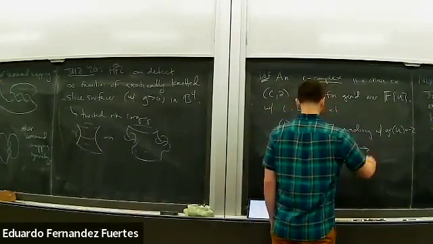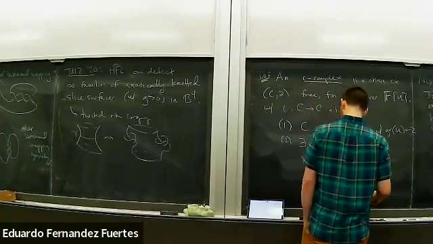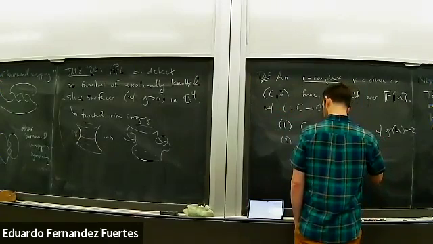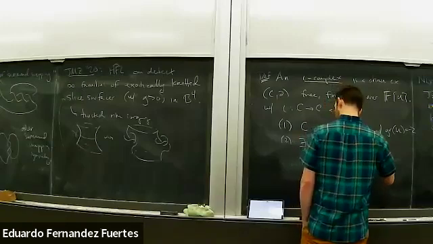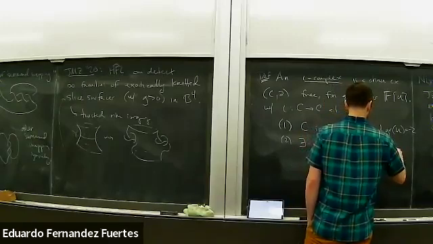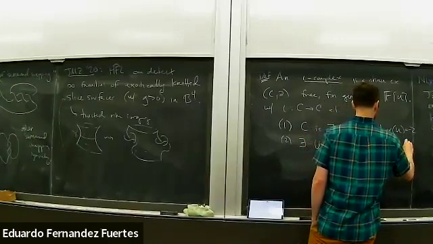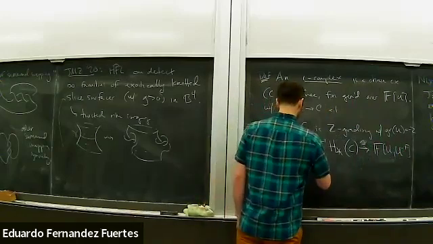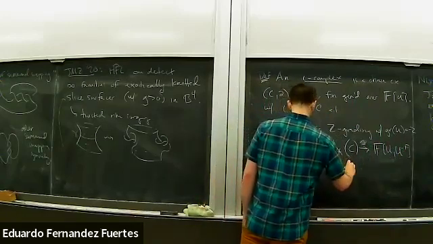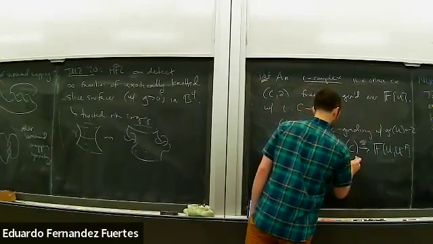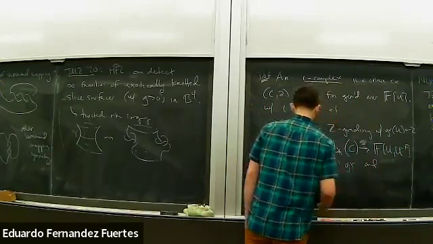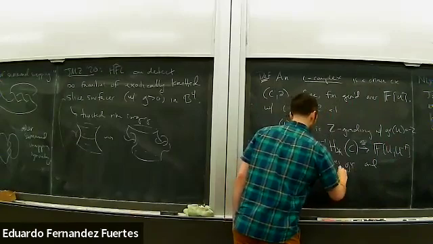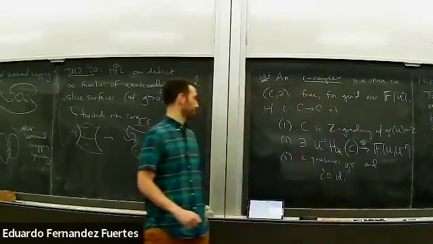Well, there's a map, and I want this to be an isomorphism if I localize to F[U, U inverse], and then iota preserves the grading, and up to chain homotopy, iota squares to the identity. So it's a homotopy involution.